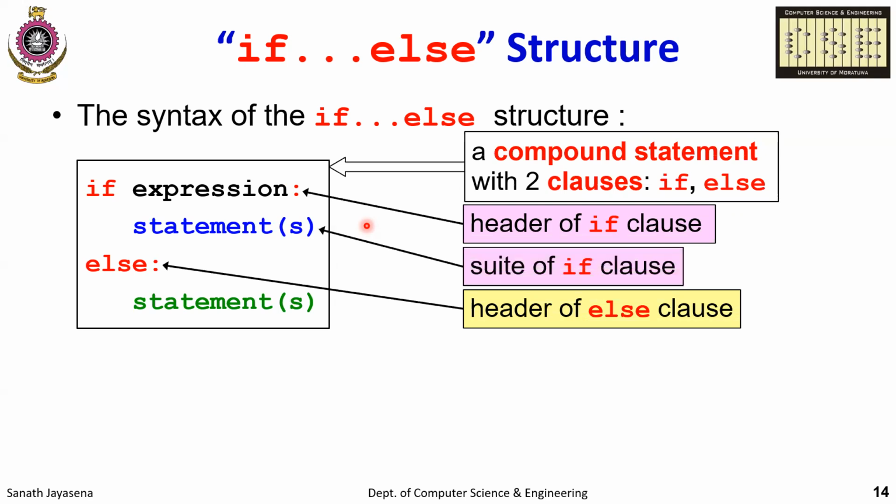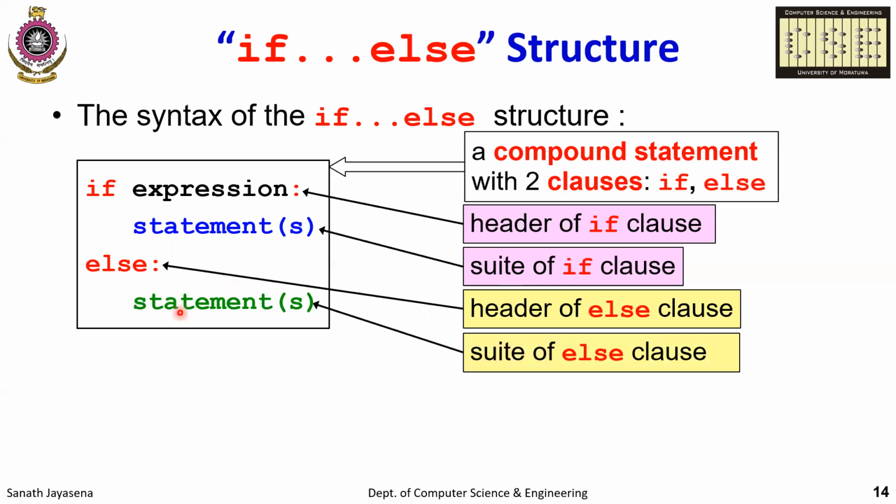The suite, or the body, of the if clause is the blue color set of statements. When you say statement with parentheses, it means one or more statements. Similarly, the suite of the else clause means one or more statements here. It is very important to understand the level of indentation. This is indented at this level, and this is indented at this level, whereas else and if are at the same level of indentation.